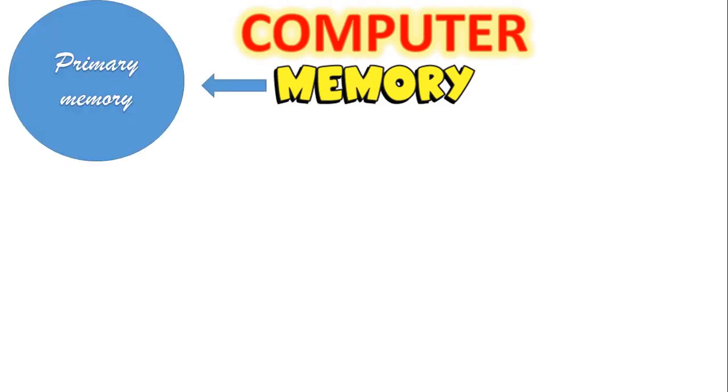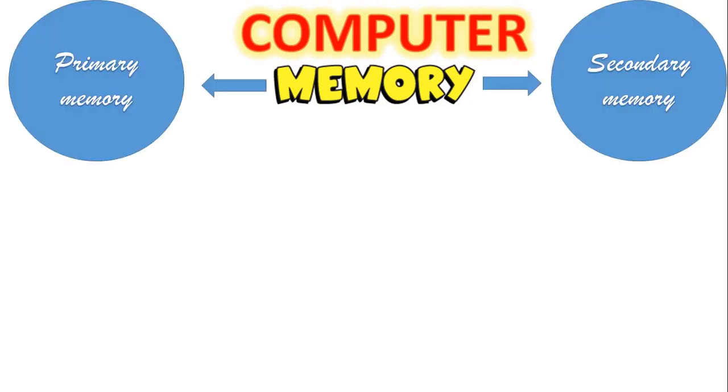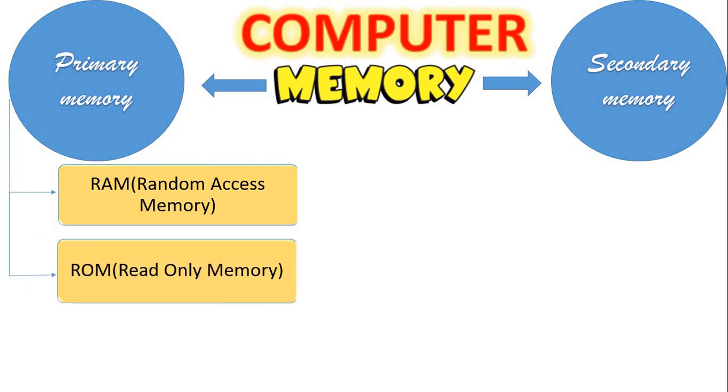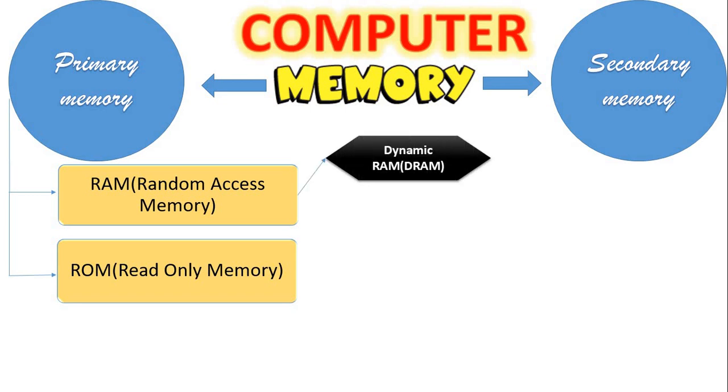Let's quickly recall now. The computer memory is divided into primary memory and secondary memory. The primary memory is again classified as RAM, that is random access memory, and ROM, that is read-only memory. RAM is further classified as dynamic RAM, that is DRAM, and static RAM, that is SRAM.